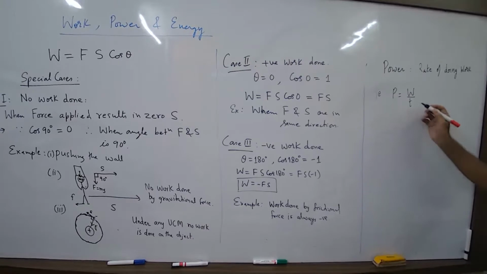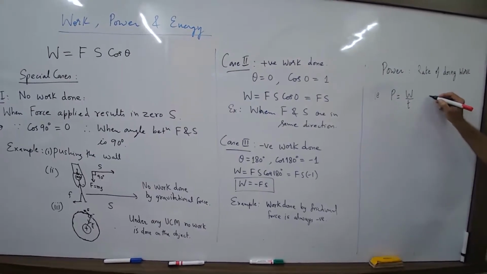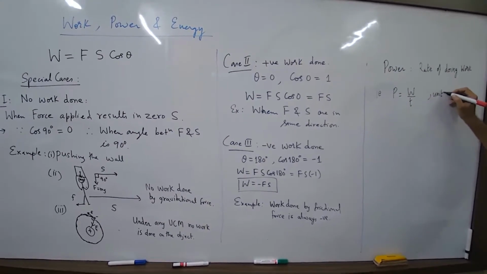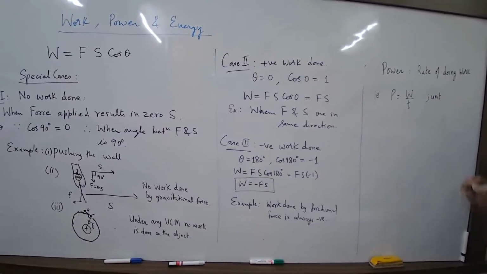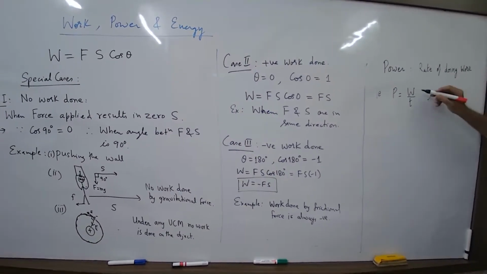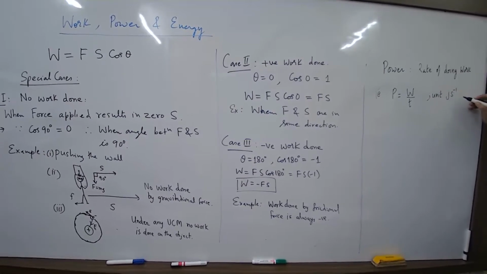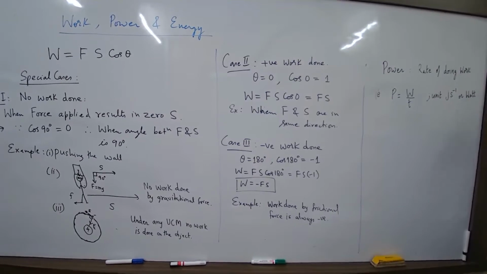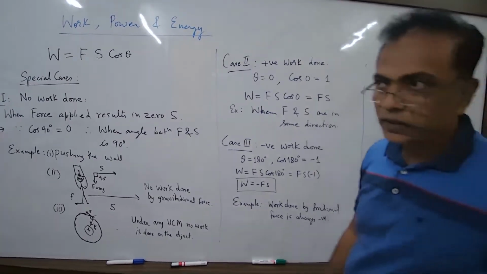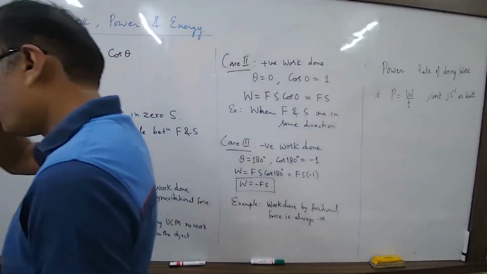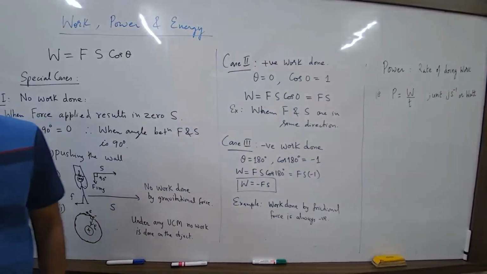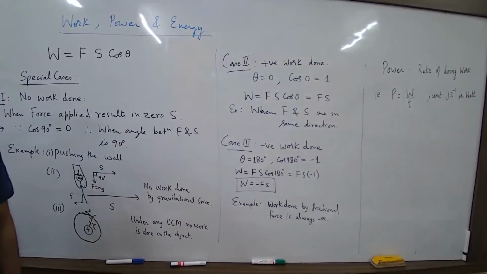And what is the unit of it? It is watt, joule per second. Work done unit is joule and time is second, so joule per second is watt.